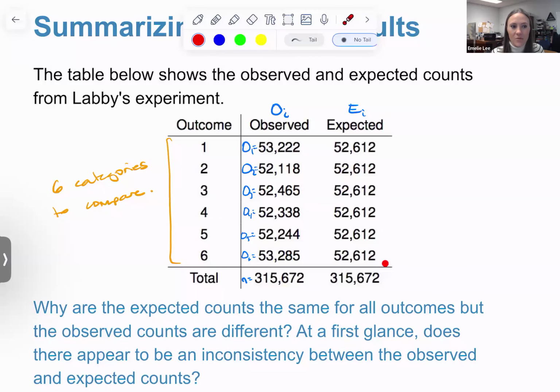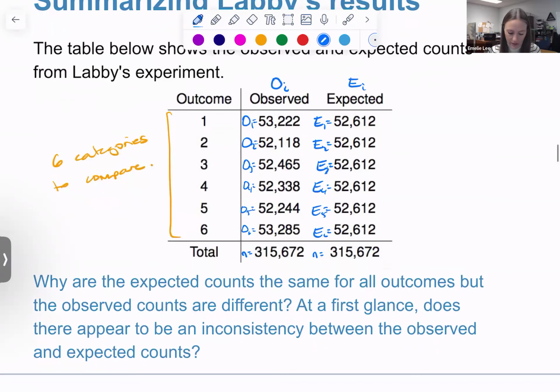We expect 52,612 for each of the outcomes. So here's the expected count for 1, expected count for 2, expected count for 3, 4, 5, and 6. Notice how this is also the same N. Of course, they have to add to the same N.